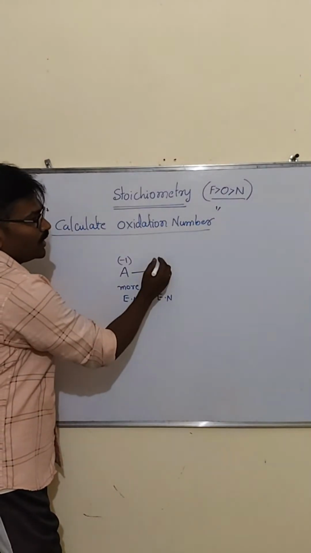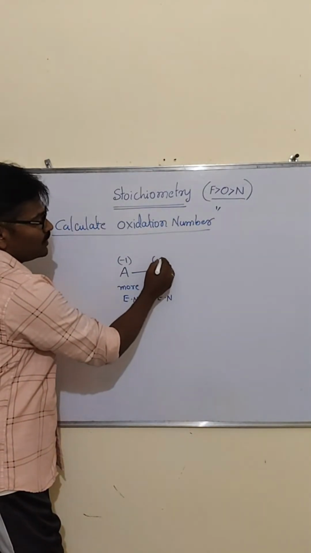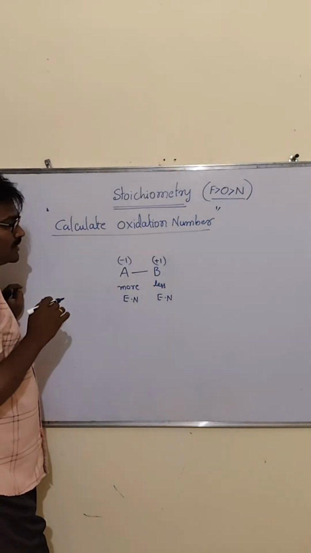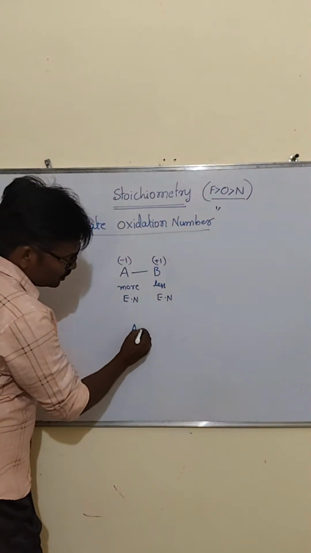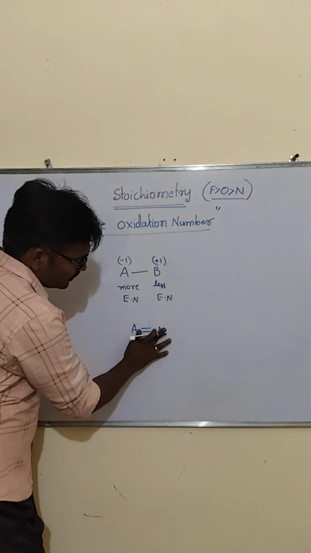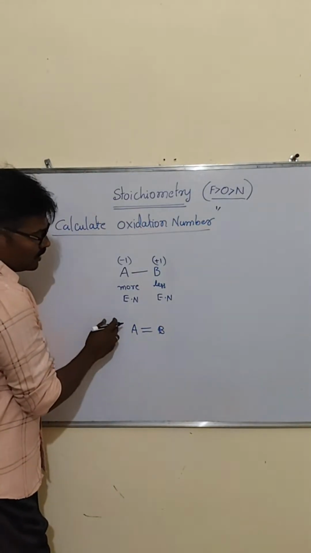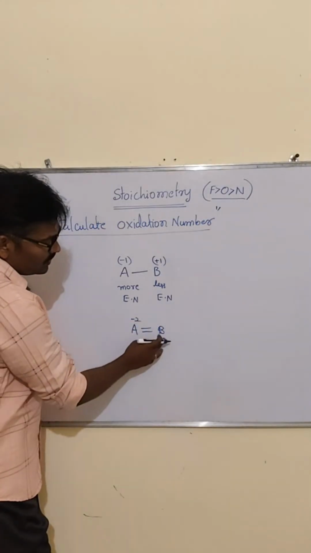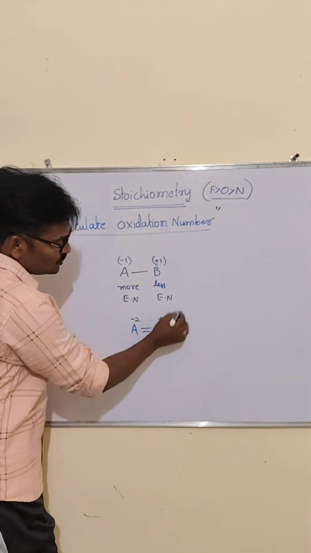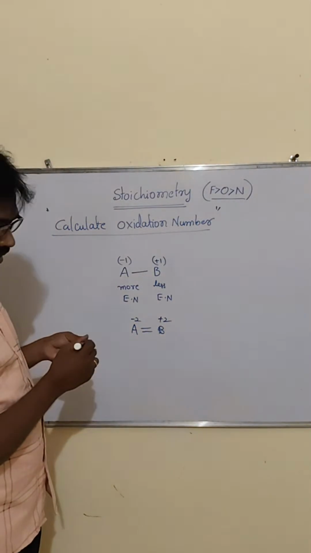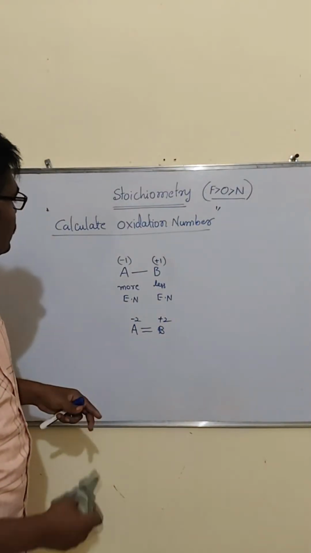Then the less electronegative atom, you have to take as +1. In case between both a double bond is there, A and B double bond, at that time the more electronegative atom side gets -2, then the less electronegative atom side +2. Like this you have to take. Yes, clear? So like that you have to take.